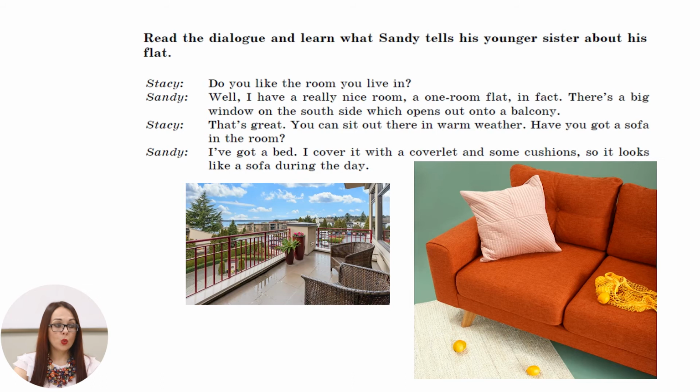There is a big window on the south side which opens out onto a balcony." Stacy says, "That's great. You can sit out there in warm weather. Have you got a sofa in the room?" Sandy says, "I've got a bed. I cover it with a coverlet and some cushions, so it looks like a sofa during the day."